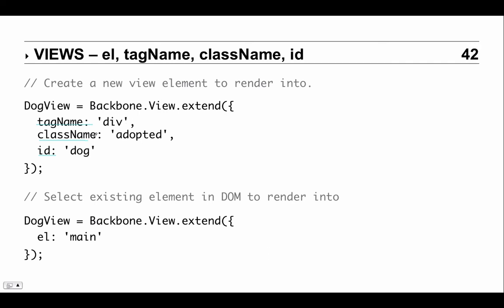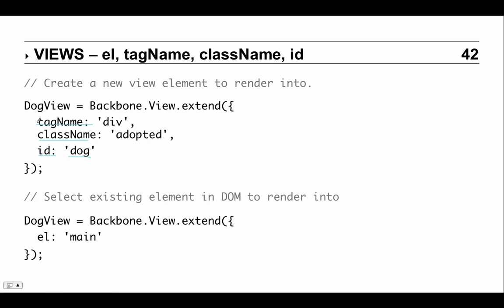We also have className, and for class names here, it does exactly what you might guess. You just put the name of the class and it will create an element with that particular class name. And here we have id, which, as you could guess, allows you to create an id on that element. So if we did all three of these here, it would actually create a div with both an id of dog and a className of adopted.